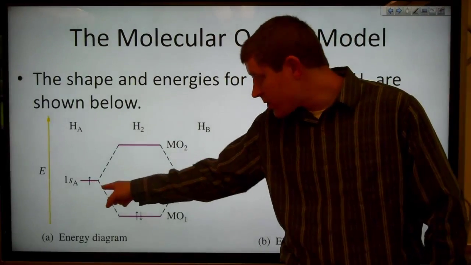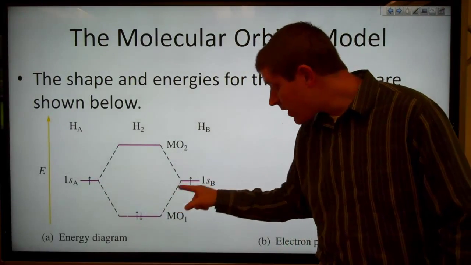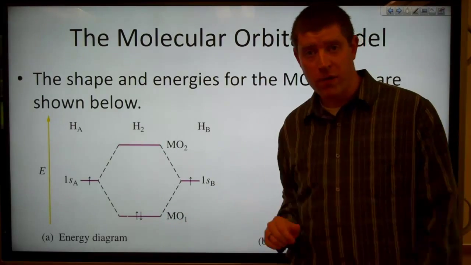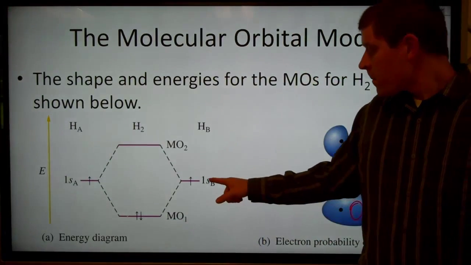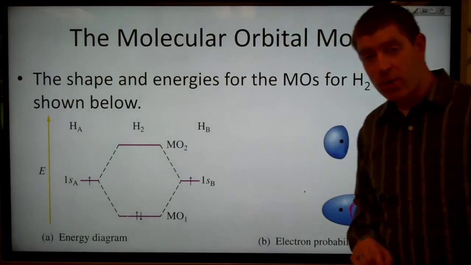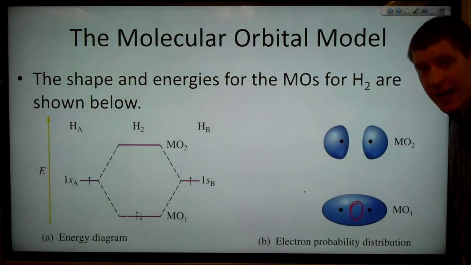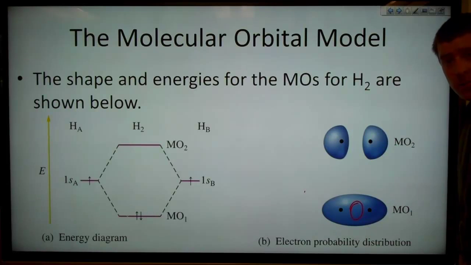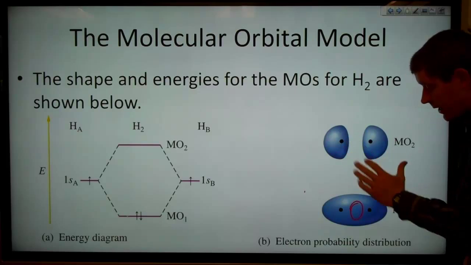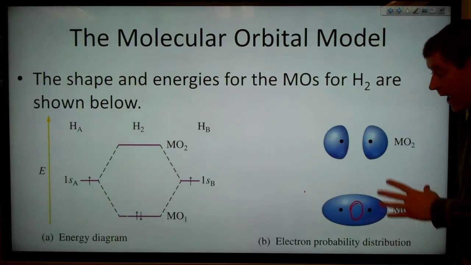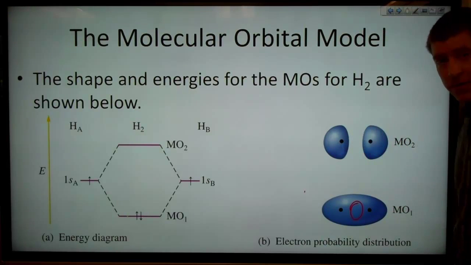So we can move this electron down and lower its energy. We can move that electron down and lower its energy. One of them we have to flip to the opposite spin. But then the other molecular orbital has to move up by exactly the same distance that this one moves down, because the average between those two has to be the same as the average between the two atomic orbitals. So this molecular orbital, MO2, has to be less energetically favorable.